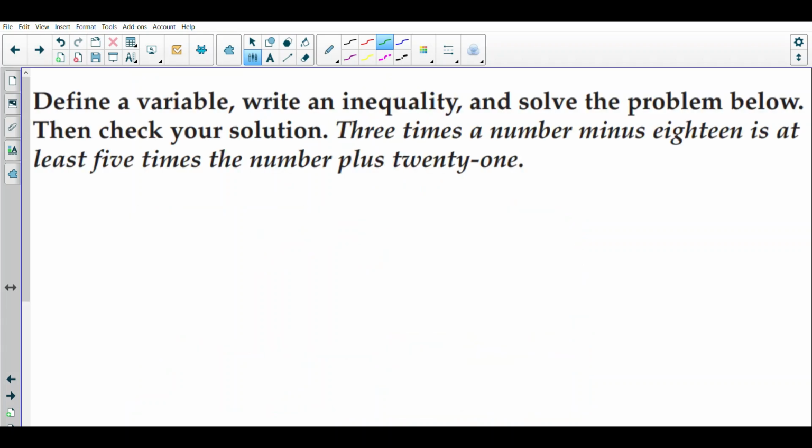Define a variable, write an inequality, and solve the problem below. Then check your solution. 3 times a number minus 18 is at least 5 times the number plus 21. First, I'm going to define my variable: a number is x.